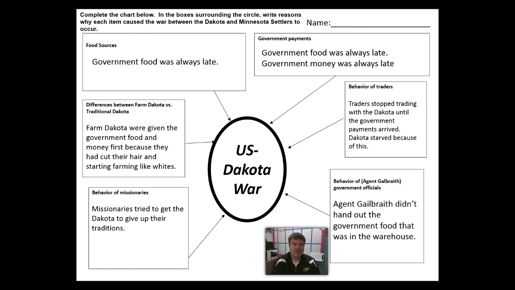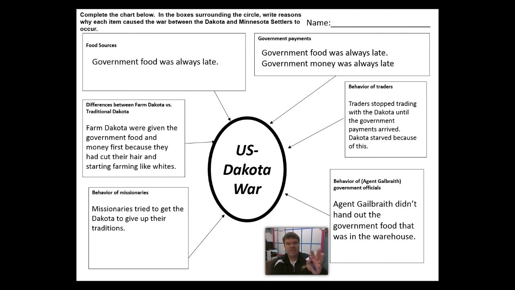And this creates not only tension between the missionaries and the Dakota, but it creates tension within the Dakota tribe as well. The traditional Dakota looked down on the Farm Dakota for having received that money and that food, for having cut their hair short and farming like whites.